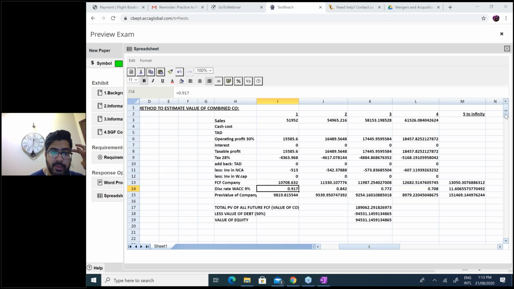Salima, obviously dividend will be relevant for the dividend valuation model, not the FCF method. In the format, dividend comes nowhere. Our decision is based on value of equity. Because if we take the value of company, you have to still pay debt out of that. So value of equity is what remains.